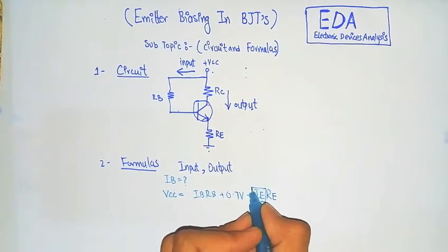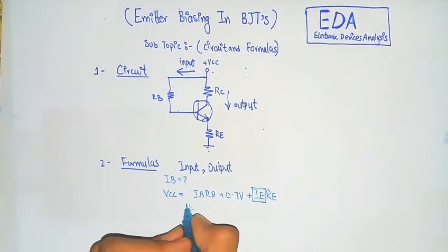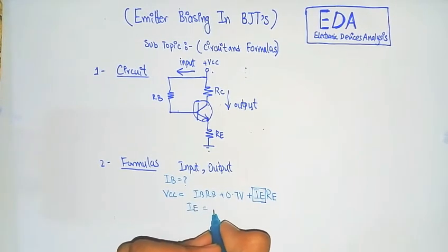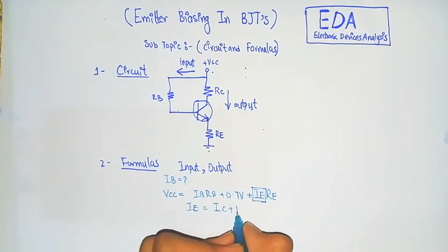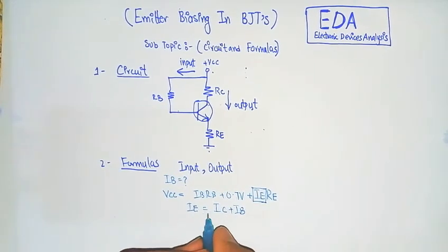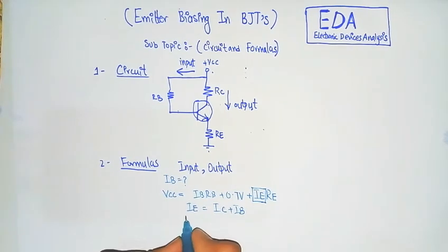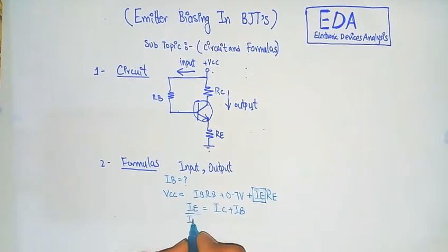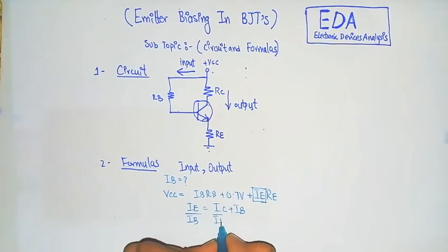Now we will write IE in terms of IB. As you already know, IE will be equal to IC plus IB. This will be a general equation. Now divide all of them by IB.